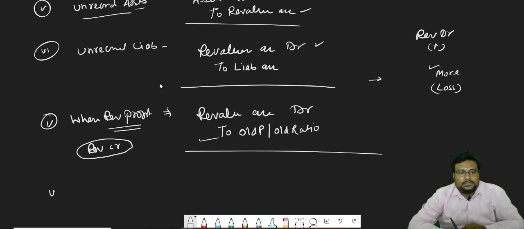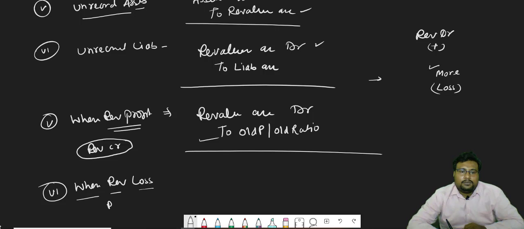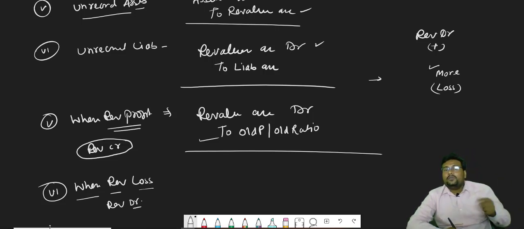And the next one, sixth one. When there is a revaluation loss, then revaluation debit is more, and for closing that, we have to pass revaluation on the credit side.